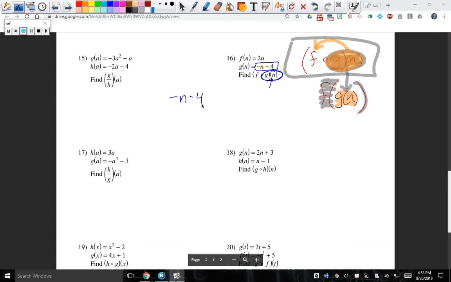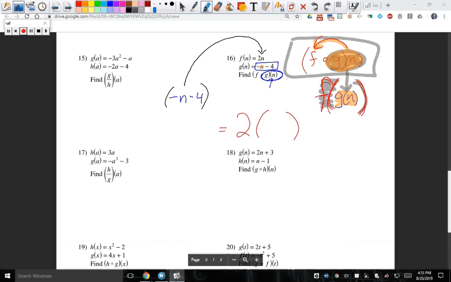And what we're going to do is we're going to plug all of this into the input variable of f. Okay? Because remember, the second step that we're going to do is we're going to do this outer shell of f. Or come over here and do the f this way. So let's set up the f function. That is 2 parentheses. Okay?